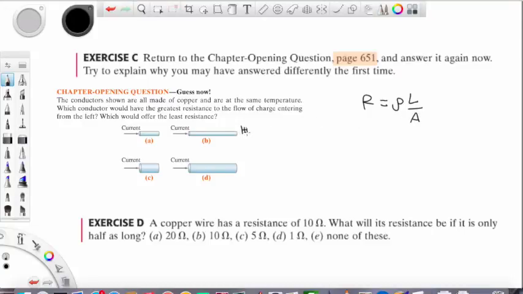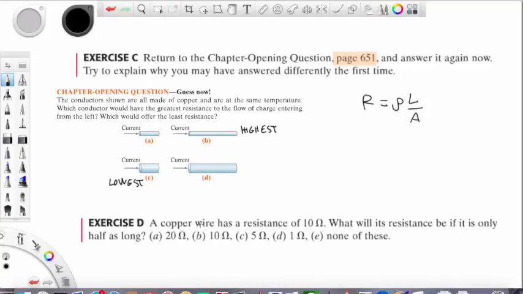So this one has the highest resistance. In contrast, for a low resistance, we want L small, A big, so short and fat. And it's this one over here. So this would have the lowest resistance.